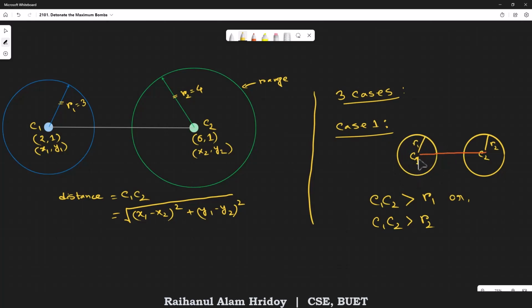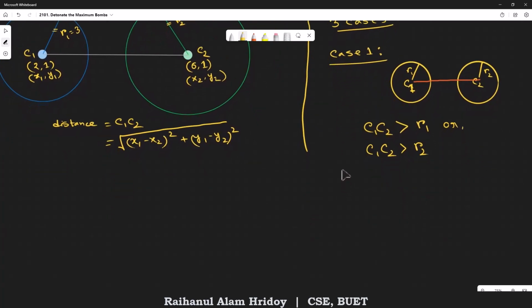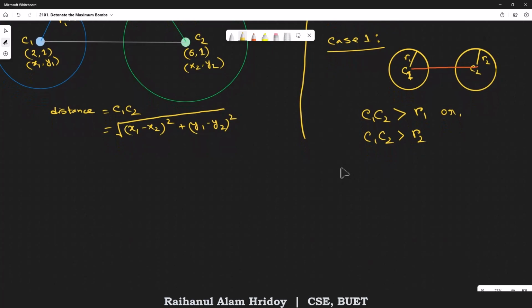We check if the straight line distance C1 C2 is greater than R1. If it is greater than R1, then they do not meet, they do not collide. So this goes through case 1, and now we can write case 2.